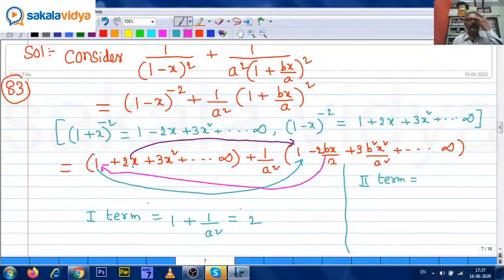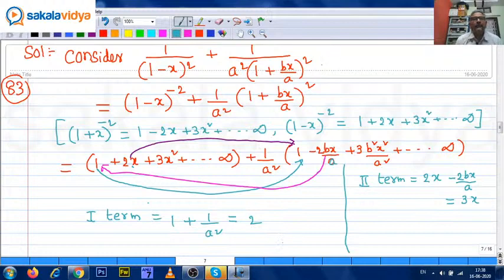So we get 2x minus 2bx by a, which equals 3x as given. So x gets cancelled, no problem. With the help of these two equations, we need to find a comma b.